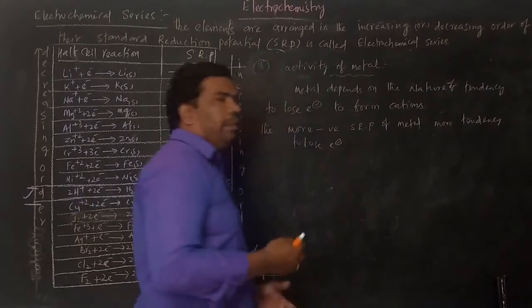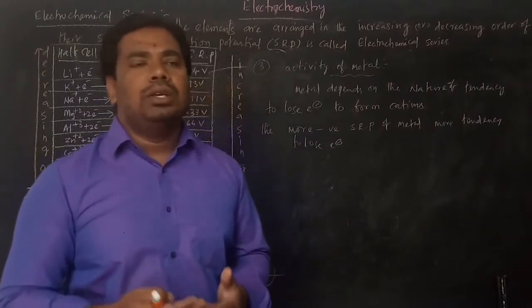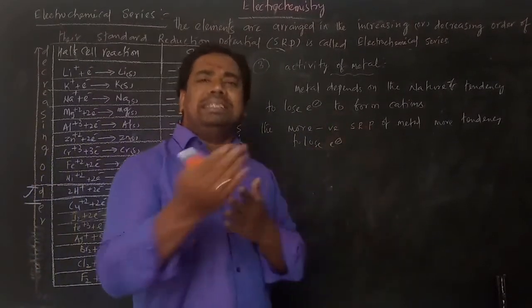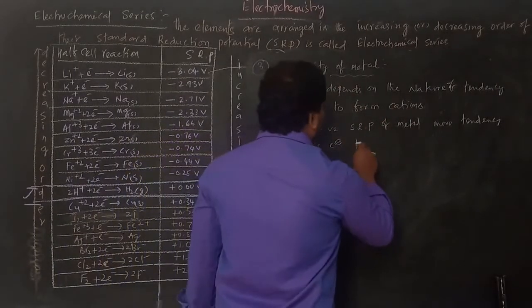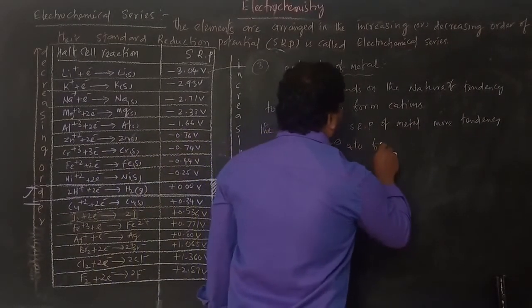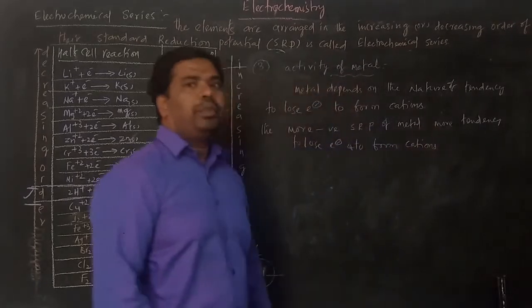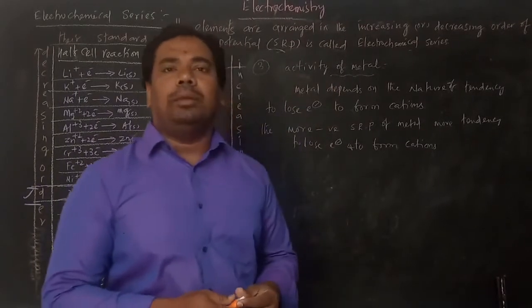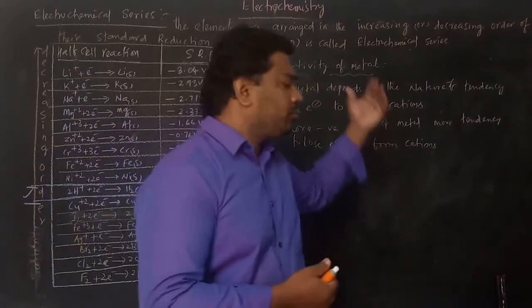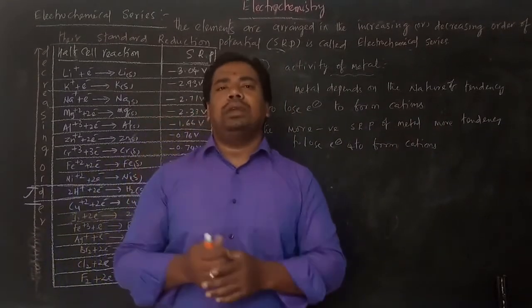The metal which has more negative reduction potential loses electrons easily to form its cation. That is very, very important. So the activity of a metal depends on the tendency to lose electrons and form a cation.